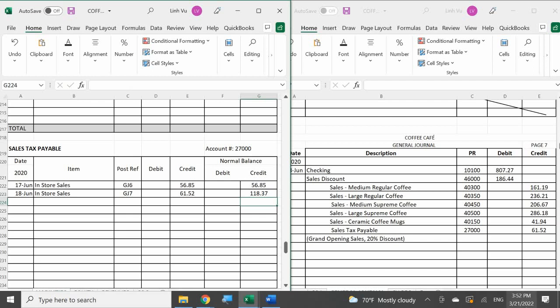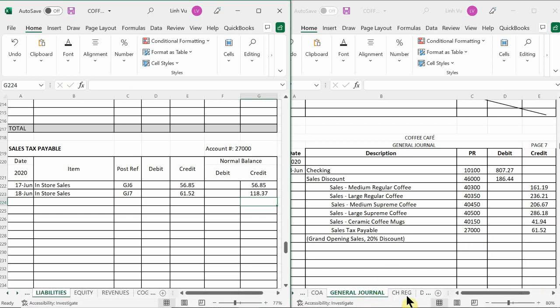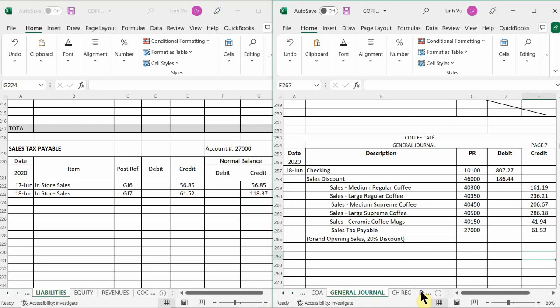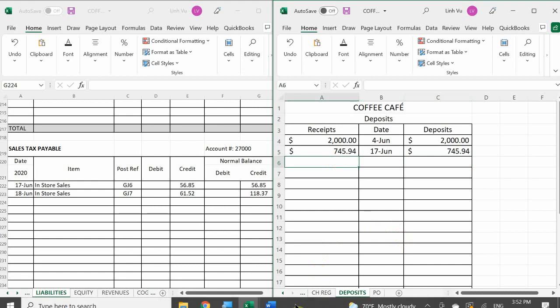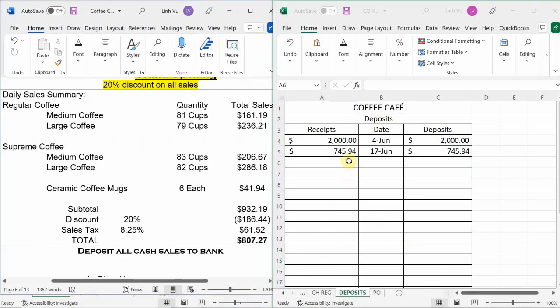Let's go ahead and deposit the money into our checking account so we don't forget. Okay, so in this case, deposits, right? How much money did we collect overall in grand total? 807.27.